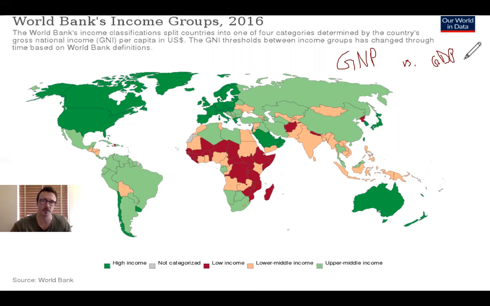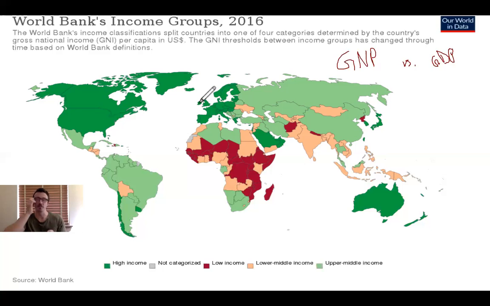Gross domestic product's different. Domestic is referring to the goods and services traded and provided within a country. So even if somebody is a citizen of Ireland, and they're working in the United States, their goods and services contribute to our gross domestic product, but they'd also contribute to the gross national product of Ireland.